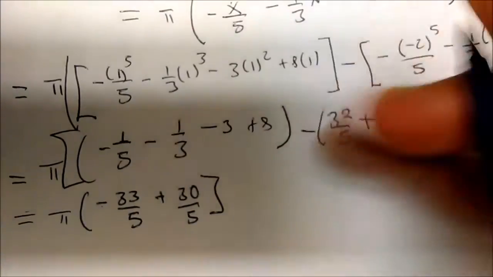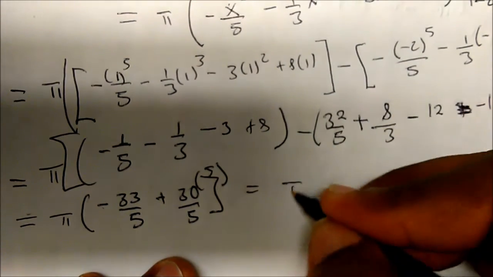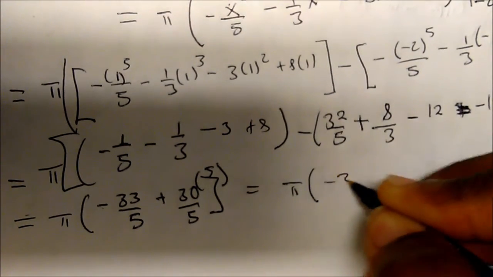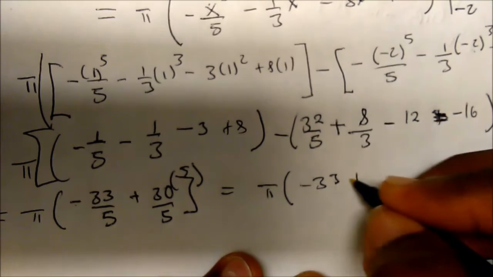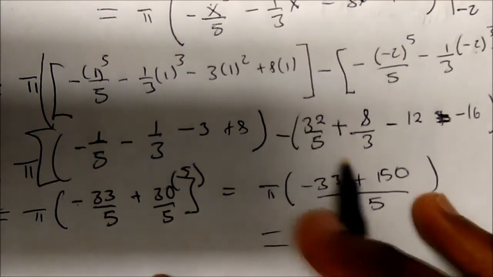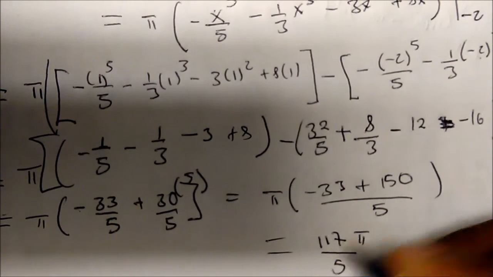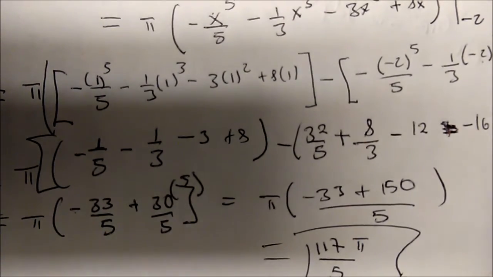If I multiply by 5 on both sides, this now becomes pi times negative 33 plus 150 divided by 5. And negative 33 plus 150 is just 117, so 117 pi over 5. That would be my answer.